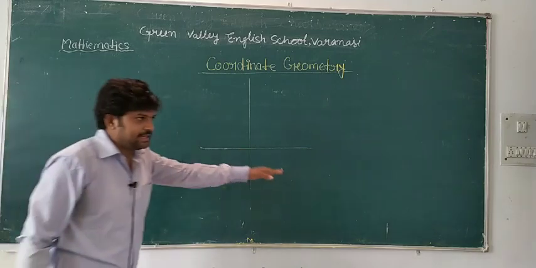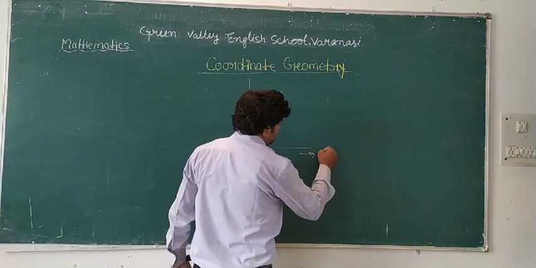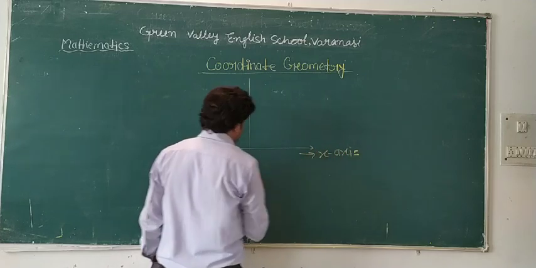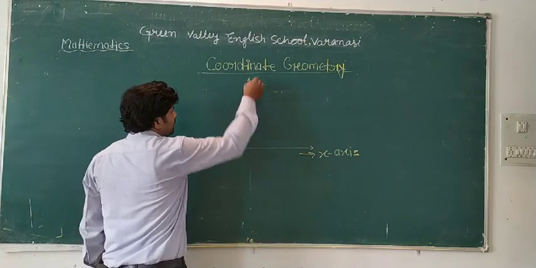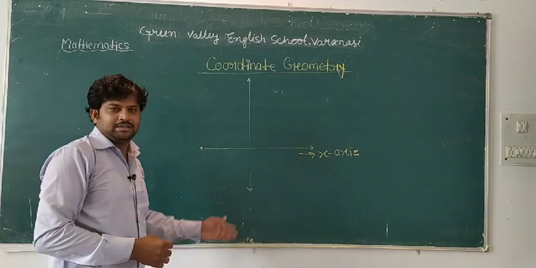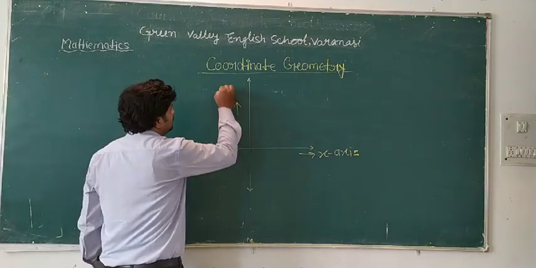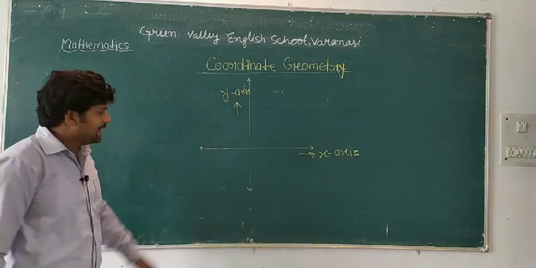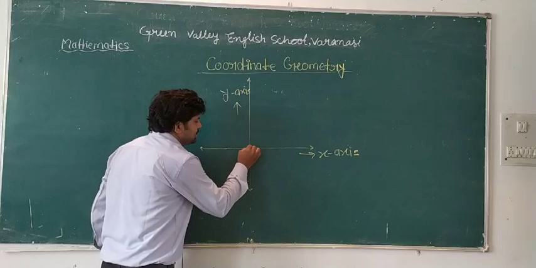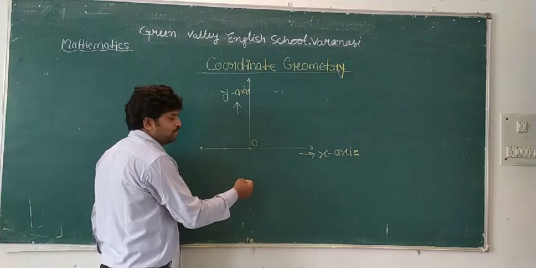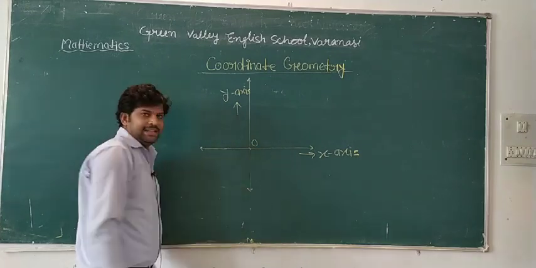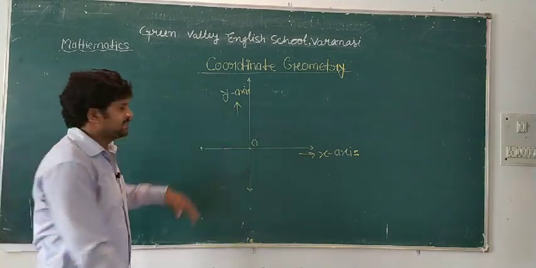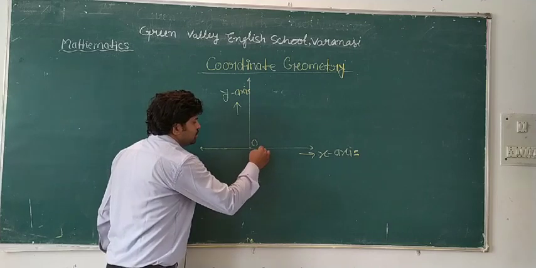The horizontal line represents the x axis, and the vertical line represents the y axis. And the intersecting point is O. O means origin, and the distance from the x axis and y axis is 0.